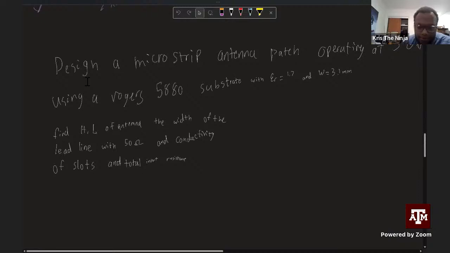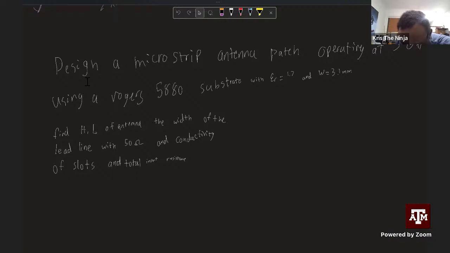So for the microstrip patch, that was in our ground plates notes, right? I think so. The microstrip design equations are right after Smith charts.